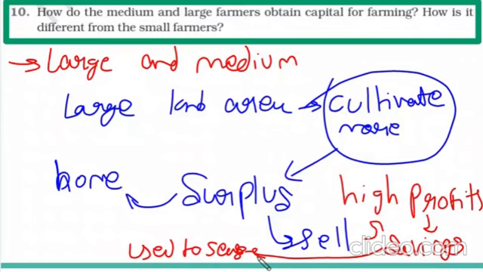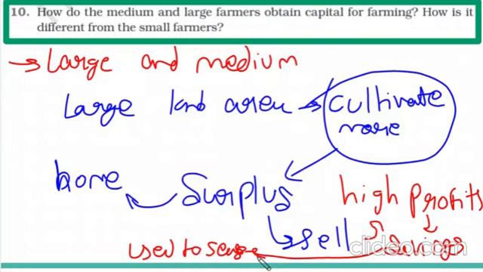Small farmers do not have any surplus yield, and they can't make more profits because of the very small farm size. So due to high profit, large farmers can either save it for the next season or lend it at high interest to small farmers. When they give loans at high interest, they get more money back from the small farmers by the next season, so that becomes the capital, right?